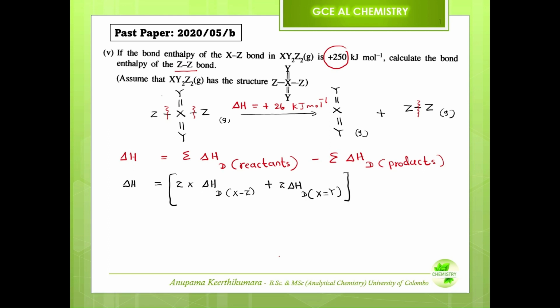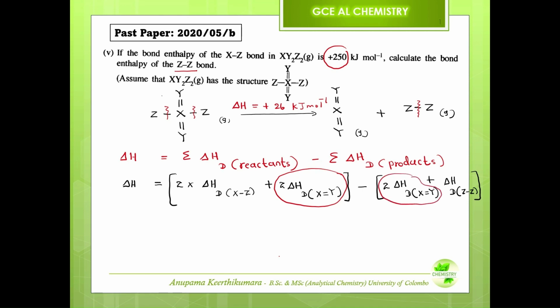From this value, we need to subtract bond enthalpies of XY. Again, two bonds of XY double covalent bond and one bond, it's ZZ single covalent bond. Now we can see this bond dissociation of XY double covalent bond is positive, and on the right hand side we have negative bond dissociation of XY.